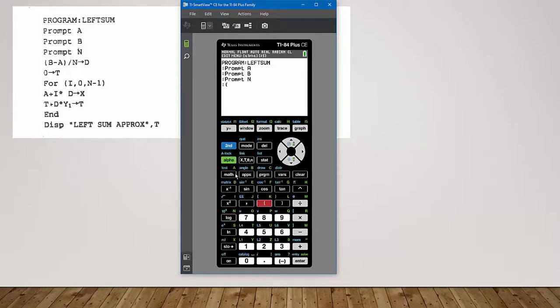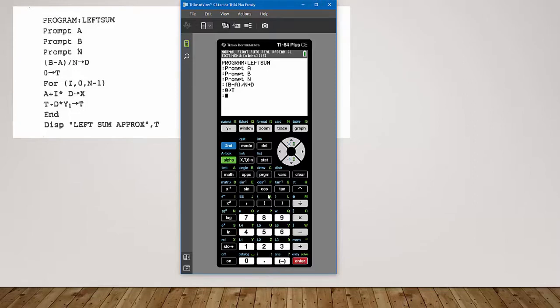And then we're going to do (B minus A) in parentheses, divided by N. So B minus A divided by N, that's telling us the step size or the base, and that gets stored into alpha D. And then 0 gets stored into T. It's the beginning of a loop here.